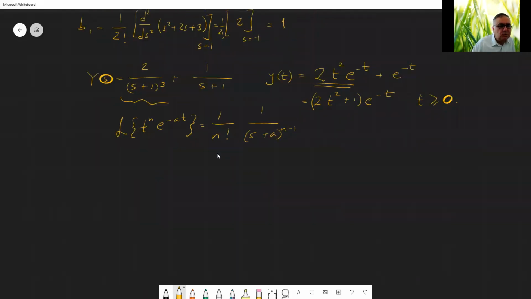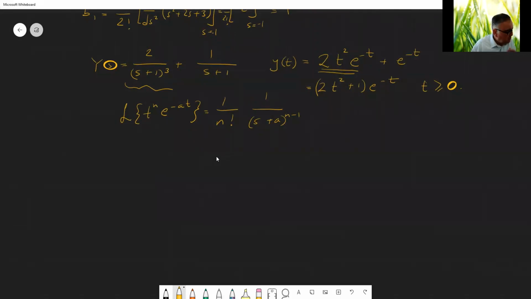Okay, so repeated roots are done, as I said, by taking derivatives. A special case is the complex conjugate poles, or I can say roots if you like. You probably have seen this again in differential equations, but I have to repeat it.